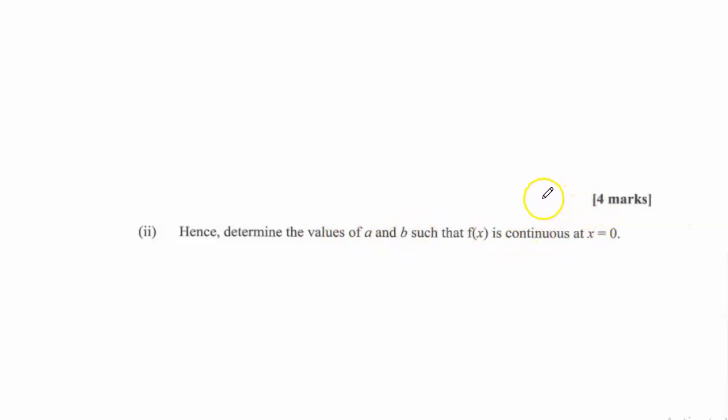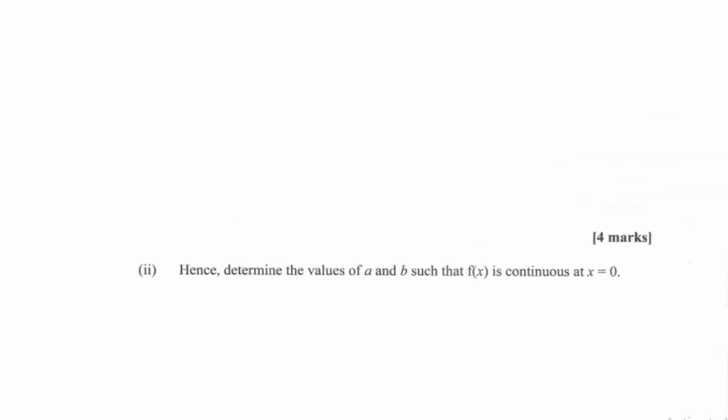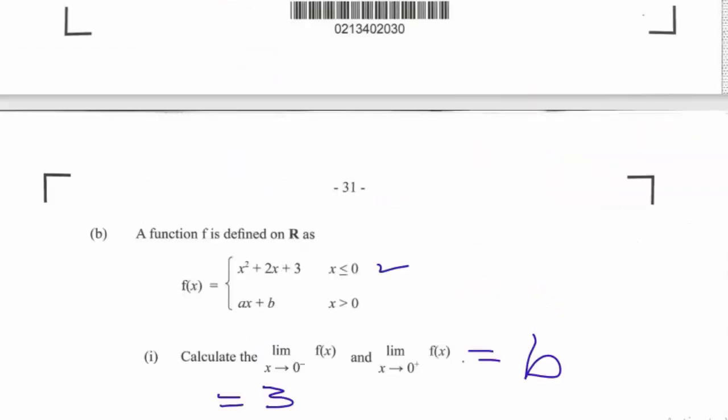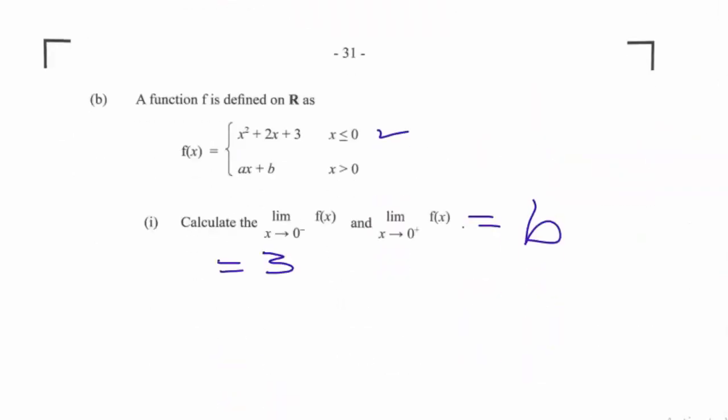So for it to be continuous, both limits have to be equal. Alright, for it to be continuous, the left hand limit must be equal to the right hand limit.